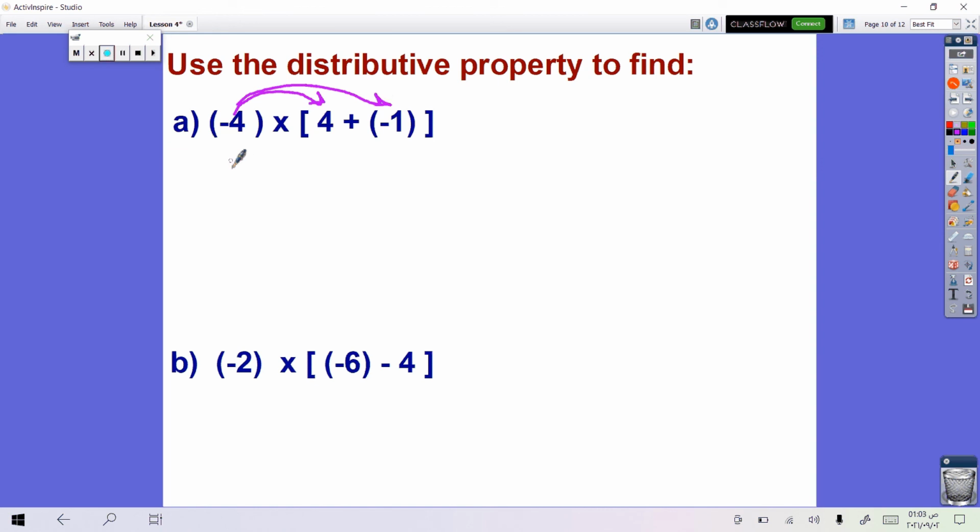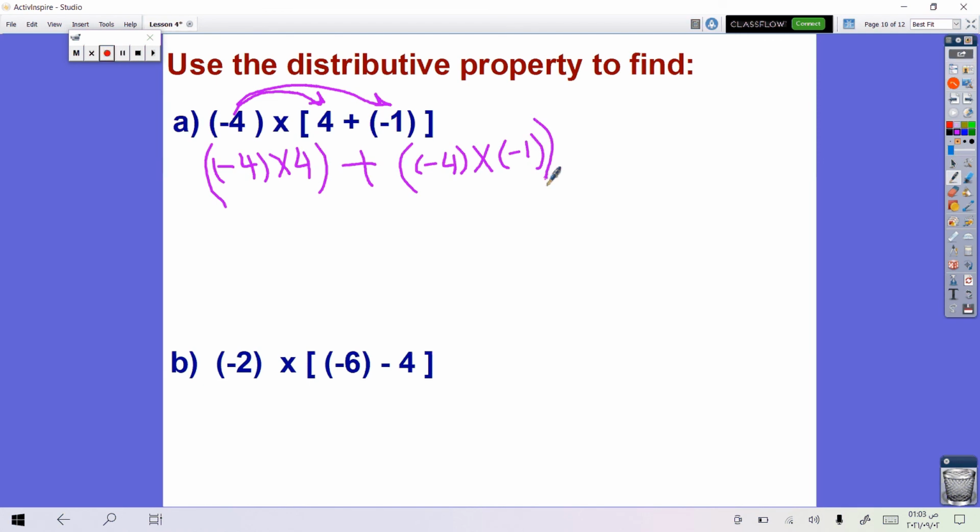So we will multiply negative 4 by 4. And then we will keep the sign plus as it is, and then distribute negative 4 by negative 1.